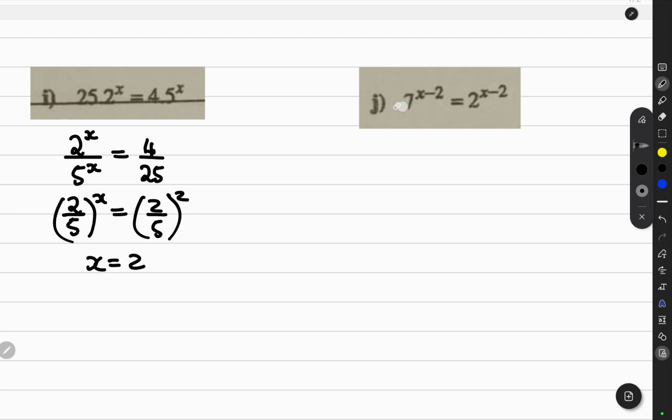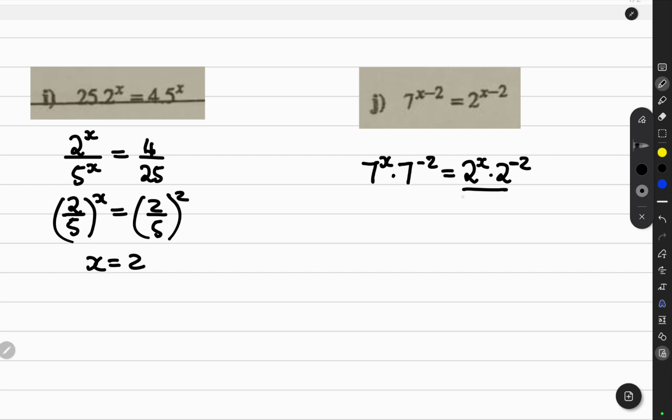We break them down. This is what we're going to have: 7 to the power x dot 7 to the power negative 2, and on the right we're going to have 2 to the power x dot 2 to the power negative 2.